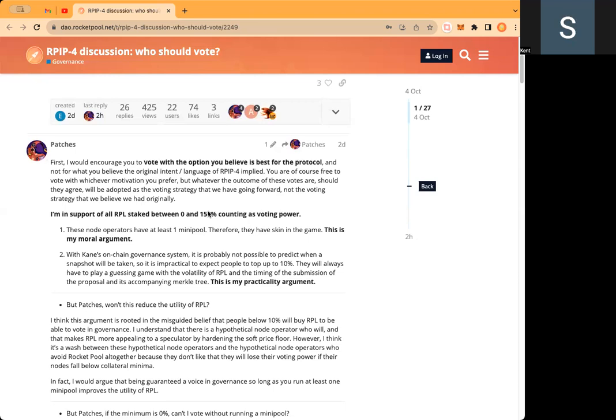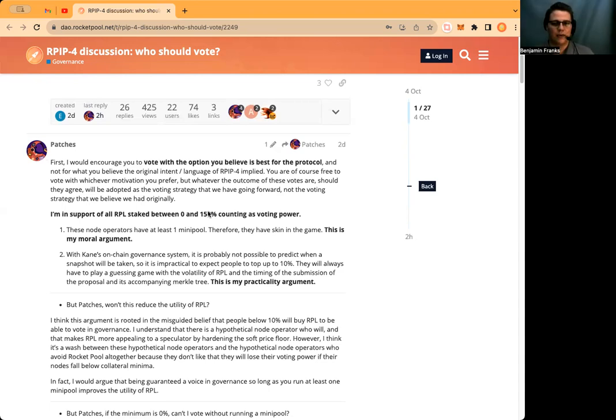And the issue is that RPL has gone down in ETH terms in the last 6 months, making some node operators fall below the 10% threshold, which is the collateral expectation for a node operator. Back to you, Regex Buster.